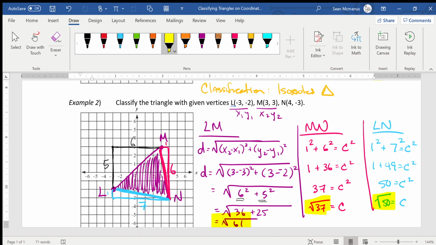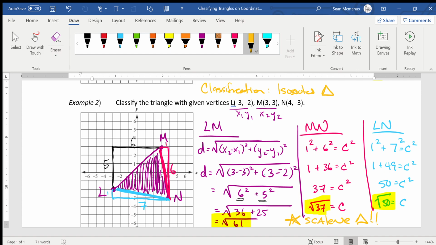So if I find the lengths of the sides and they're all different, then I know in the end I can classify that as a scalene triangle. Okay, so that's our classification of triangles by side length.